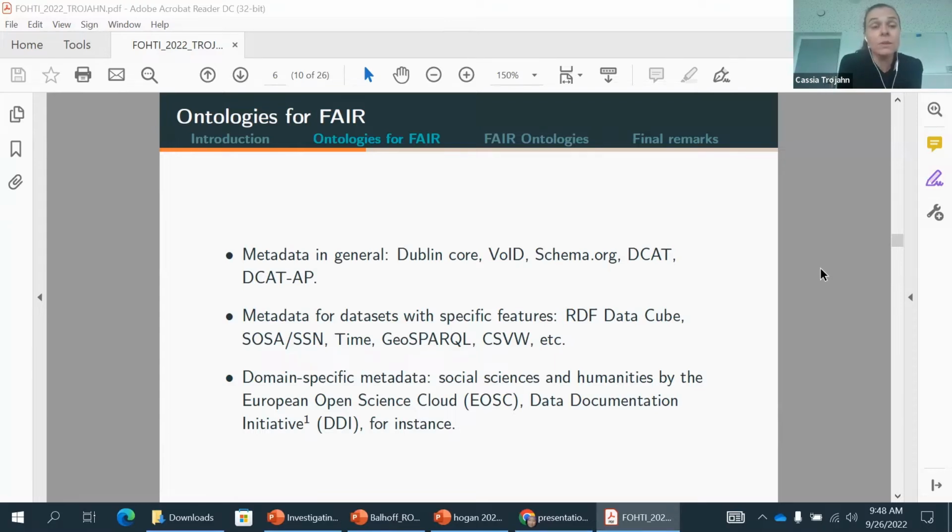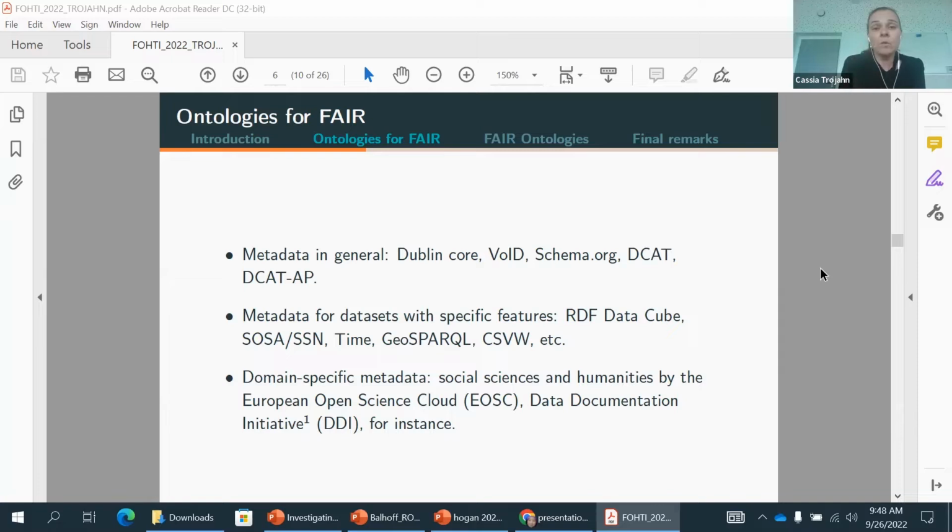RDF Data Cube, that has been used for describing the dimensions, measures, and properties of a specific data set. You have SOSA, for example, for describing observations, any kind of observation from satellite images to weather sensors, etc. You have GeoSPARQL as well for describing geospatial information and so on.